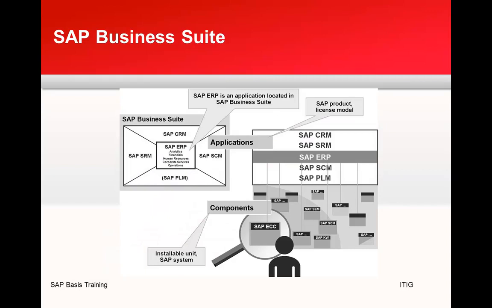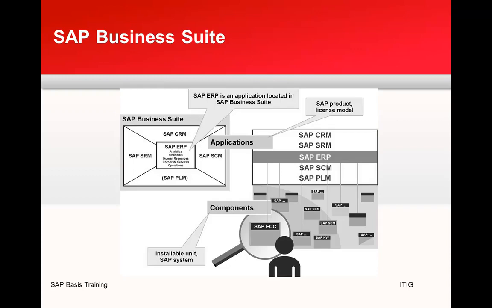Basically, SAP's business suite is one of the key products, and SAP ERP is one of the main components. Then we have applications like SCM, which is supply chain management, PLM, SRM, which is supplier relationship management, and CRM, which is customer relationship management.